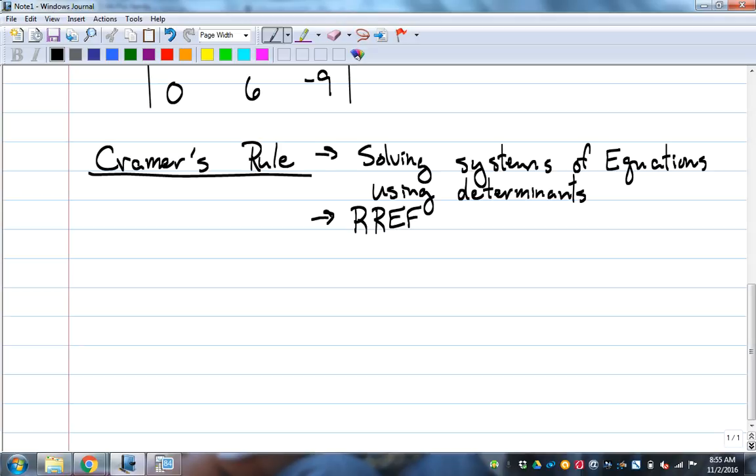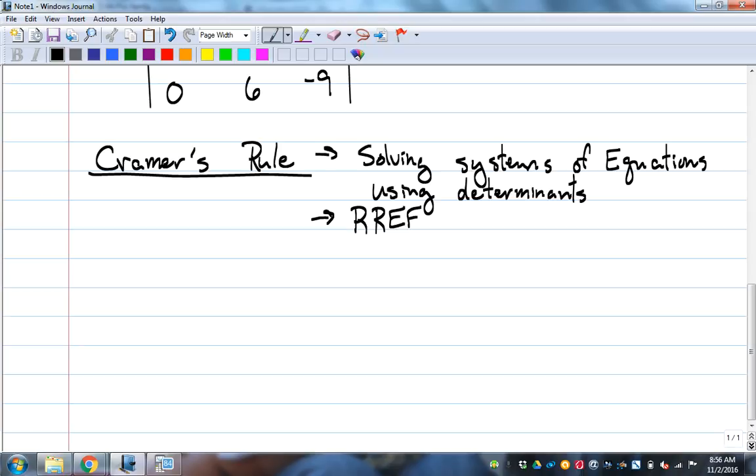You end up with this 0 divided by 0 scenario, and that doesn't really work out real great with division, because we can't divide by 0. But can you divide 0 by itself? That's this whole indeterminate thing that mathematically just doesn't make sense. So if it says solve by Cramer's Rule, or if it says solve this system of equations by any other method, you're going to use RREF the way we did yesterday or the day before. Okay, that's what I want you to grab out of that.